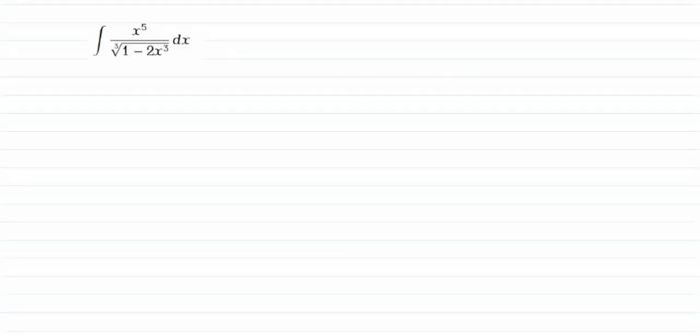Another example on u substitution, we've been asked to integrate the indefinite integral of x power 5 over the cube root of 1 minus 2x power 3. So we're going to let u be equal to 1 minus 2x power 3.